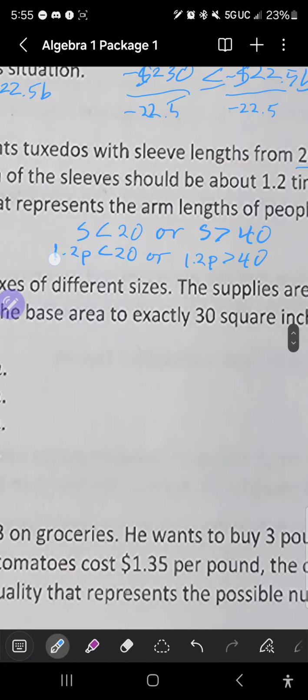We divide everything by 1.2, and we cancel this, we cancel this.